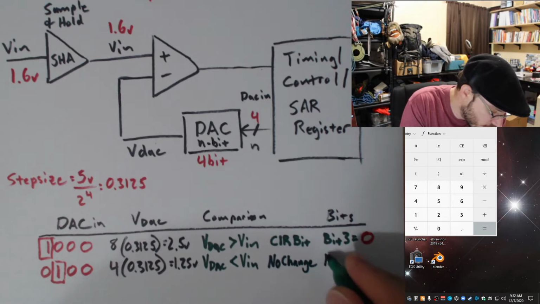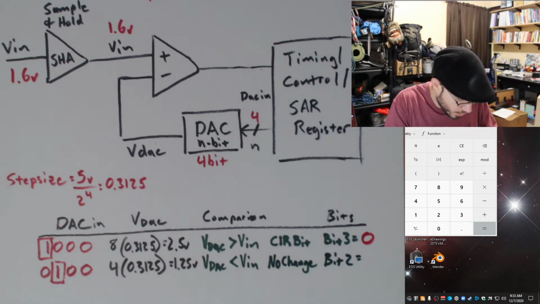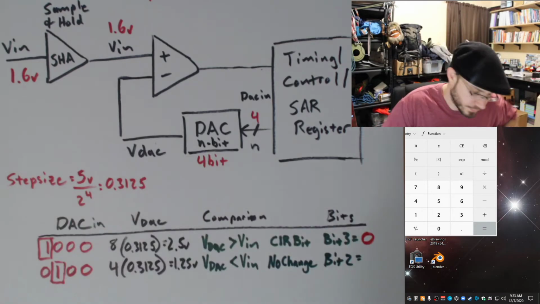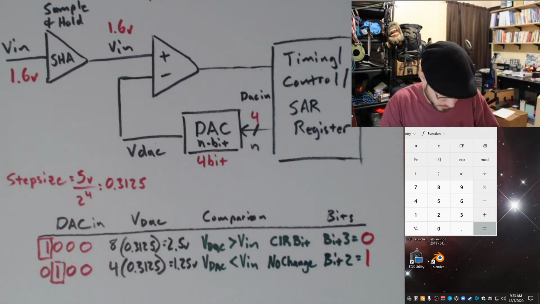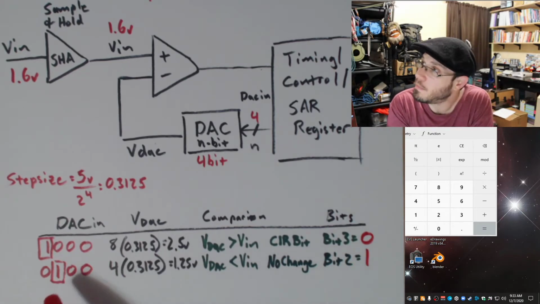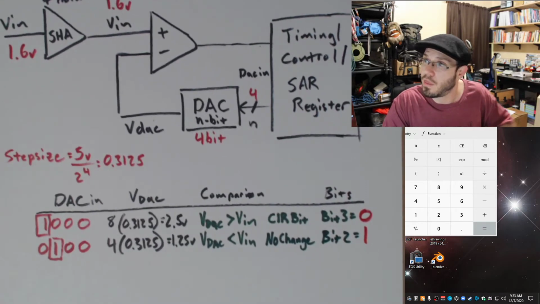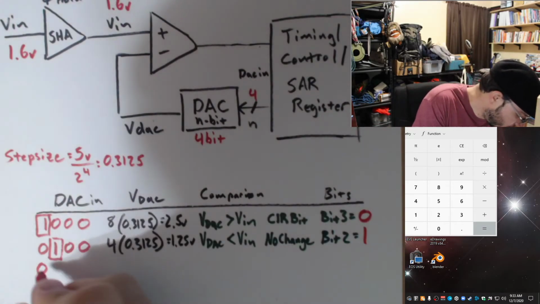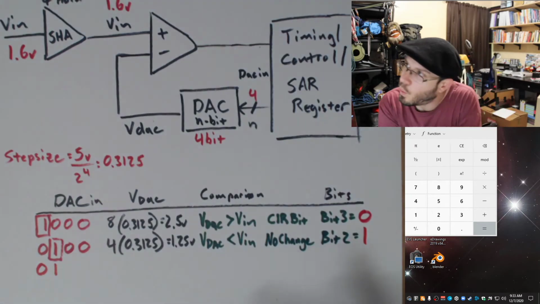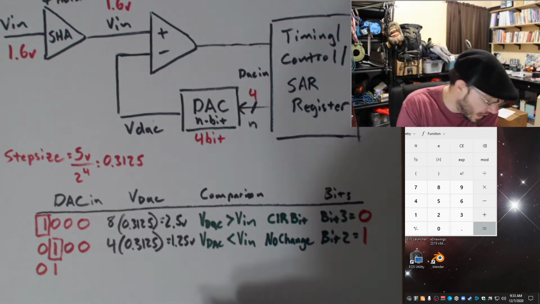So bit 2 is going to be equal to 1. Okay, so we're going to leave this bit set to 1. So thus far we have 0, 1, and now we're going to again set the next most significant bit.